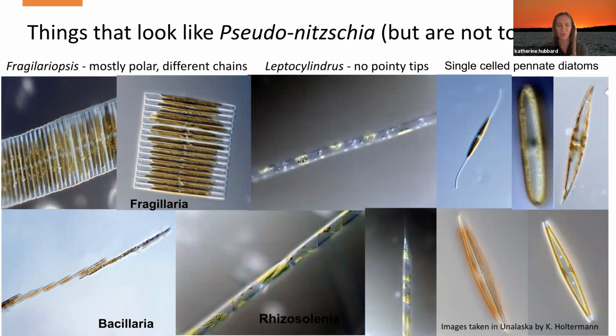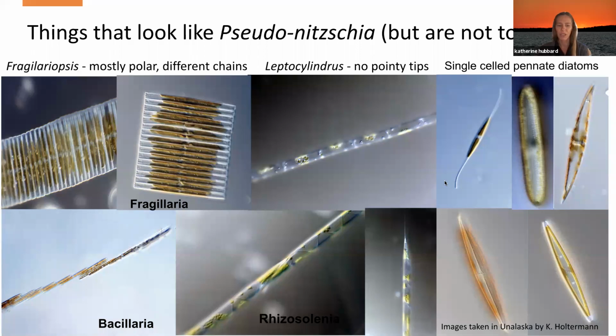And Karie, I don't know if you want to go through these since you popped them in, but the things to look for: you may see some of these in single cells, and so it may be difficult to tell whether or not it's Pseudonitzschia or one of these other things.